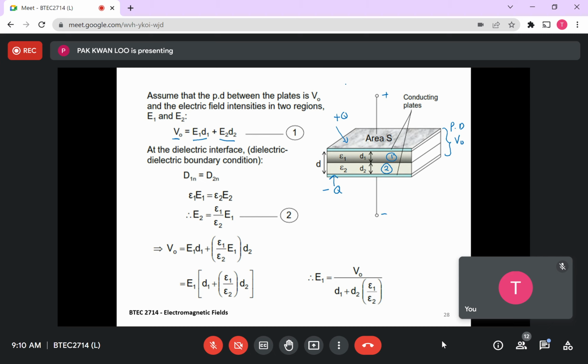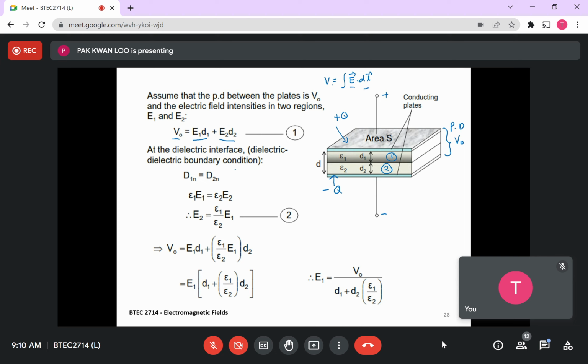Bear in mind V is the integration of E dL. Since we reduce this to a single-dimensional problem, the magnitude of the potential is E1 times D1 and E2 times D2.